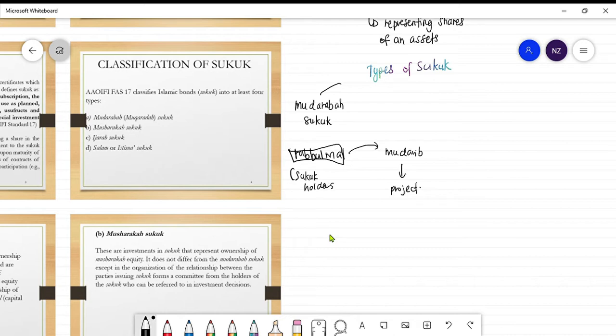Sukuk holders mean any return they will get, the profit they will get. Profit and return are the same thing.